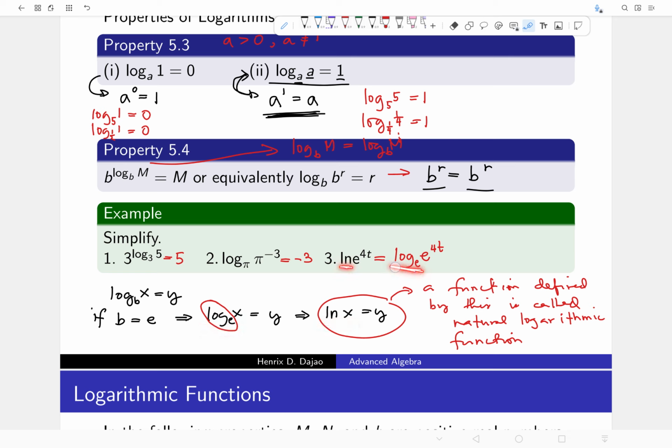So this one is just this one. So the answer now is this one. So that's how you simplify using these properties.